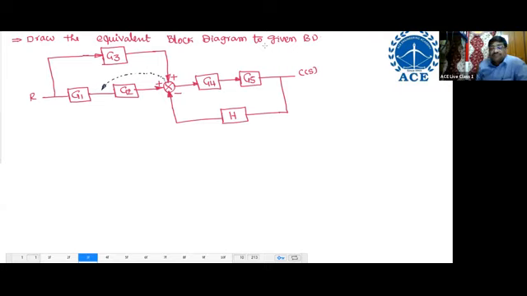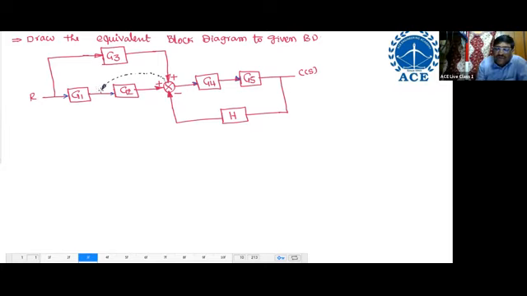The simple logic is: while doing the shifting operation, never change any block gain along the main forward path. Main forward path means, from input to output, whatever the path is there.